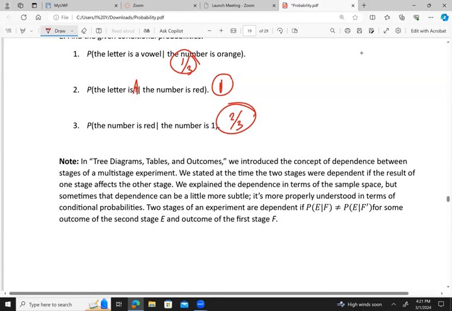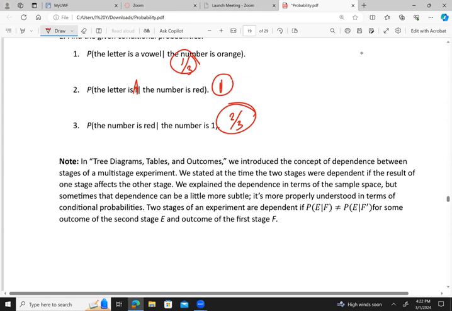So if you recall, in trees, tables, and outcomes, we introduced the concept of dependence between stages of a multi-stage experiment. We stated at the time the two stages were dependent if the result of one stage affects the other stage. We explained the dependence in terms of sample space. Sometimes that dependence can be a little more subtle.